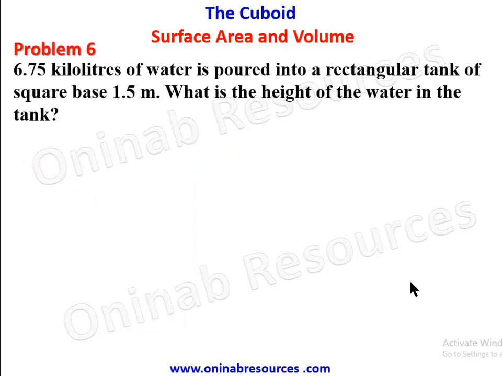Problem 6. 6.75 kiloliters of water is poured into a rectangular tank of square base 1.5 meters. What is the height of the water in the tank? So in our solution, we are given the capacity.